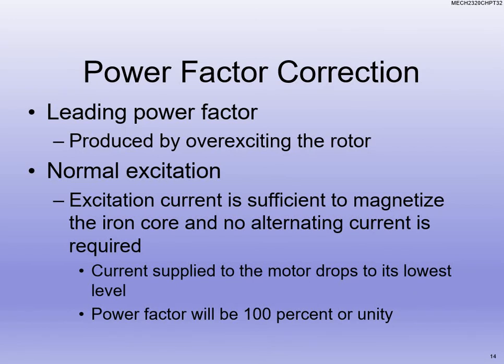We don't want a lagging one, but if we get a leading, so remember there's leading and lagging, and then there's normal excitation. We create a leading power factor by over-exciting the rotor. Okay, but what we really want is normal excitation. All right, so the current is sufficient to magnetize the iron core, and we don't need any extra AC current that goes with it, so we can get things rotating.